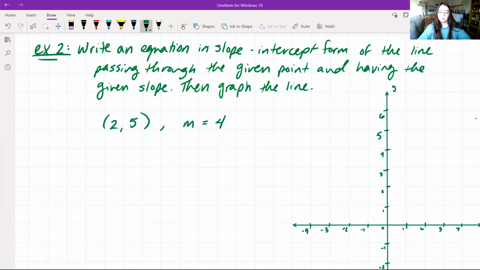So since we're given a point and we're given our slope, we need to go ahead and find out what our equation is going to be.